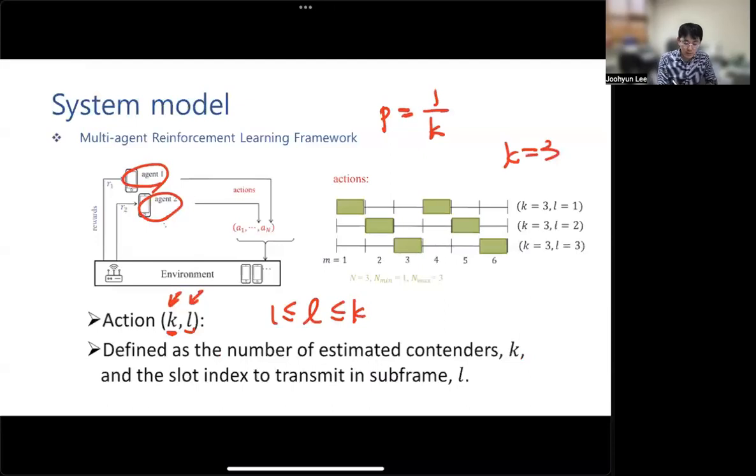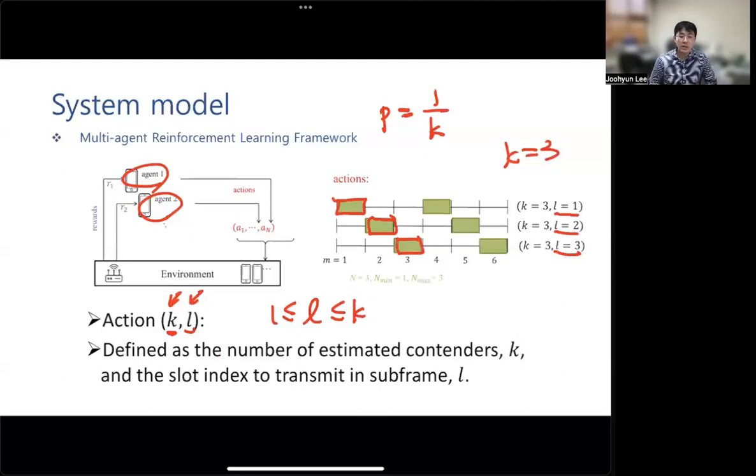The first action, where l is 1, is to choose the first slot in each subframe, and l equals 2 is to choose the second slot in a subframe, and l equals 3 means the third slot is chosen to transmit in each subframe.